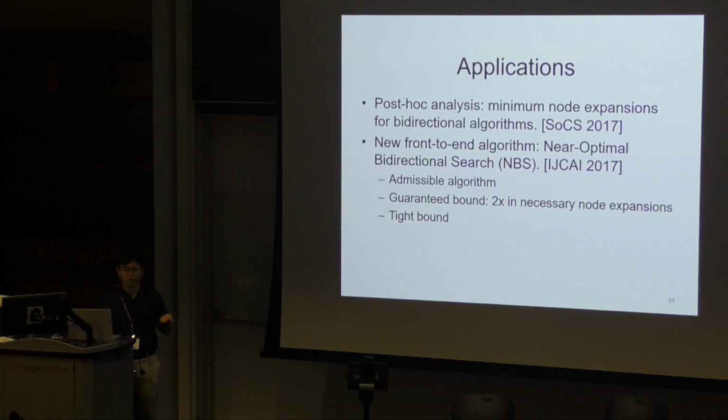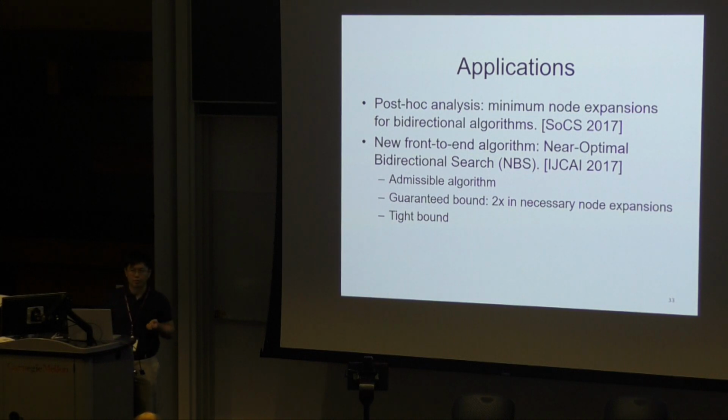on any problems. So our recommendation is that if you are not very sure about your problem, whether it's hard or whether the heuristic is strong, then you can use MBS, because that has a guaranteed bound on the node expansion.